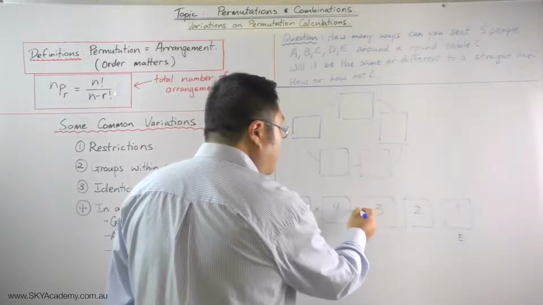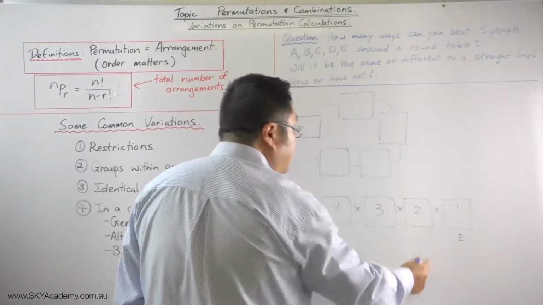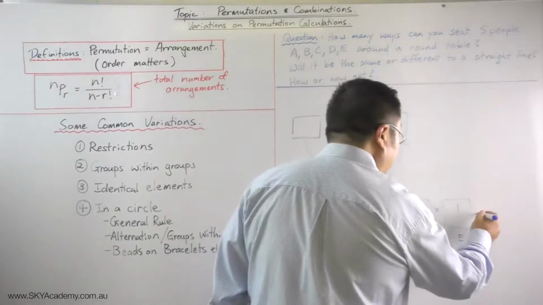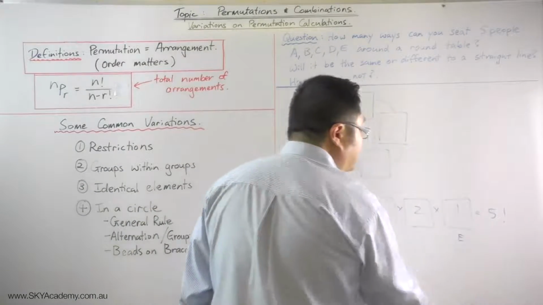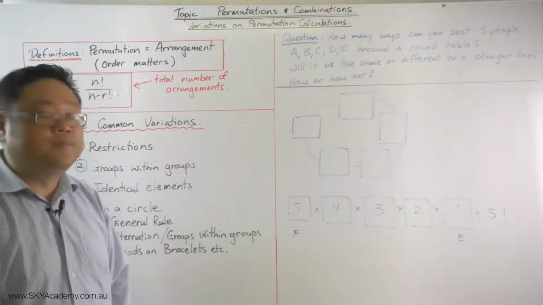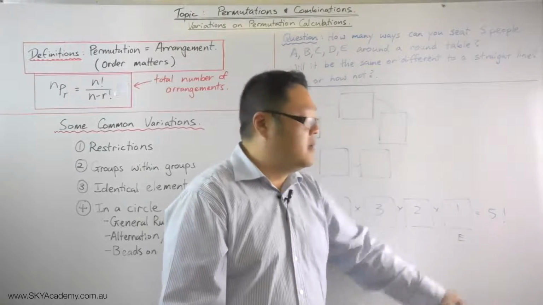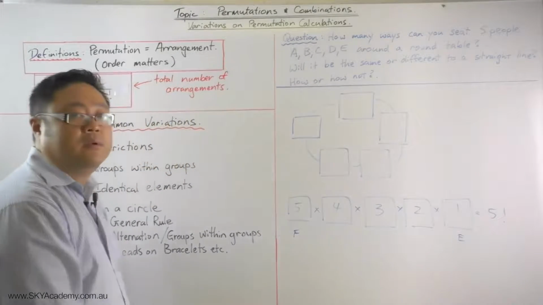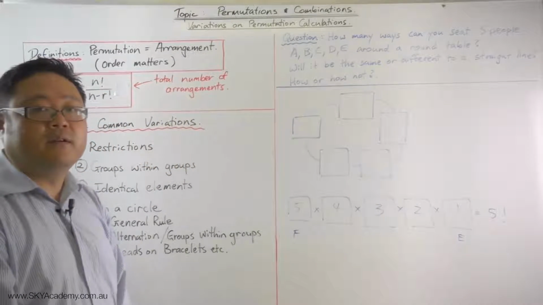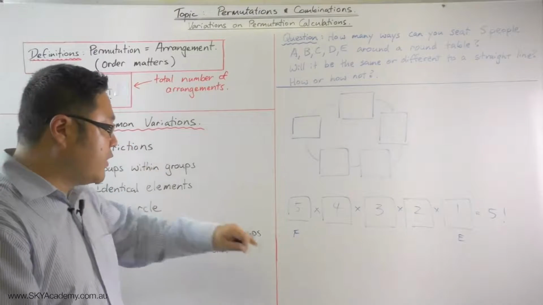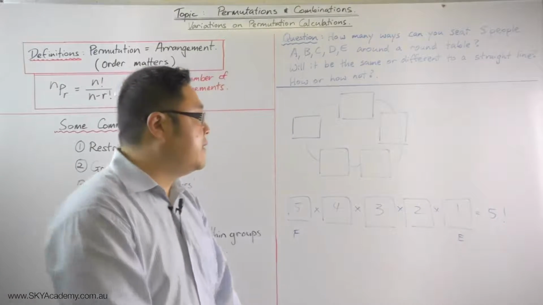You multiply those, and that gives you 5 factorial. Does that make sense? Good. So you've got 5 factorial ways of putting 5 people in a line of 5, where you've got a clear front and a clear end.